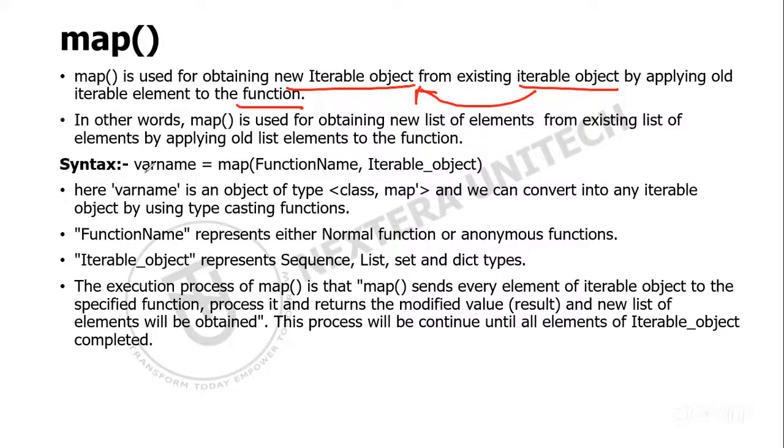The syntax of map is variable name equals map of function name, comma, iterable object. So by applying these values to the function, we are going to get an iterable object again. So that is how map function helps us.